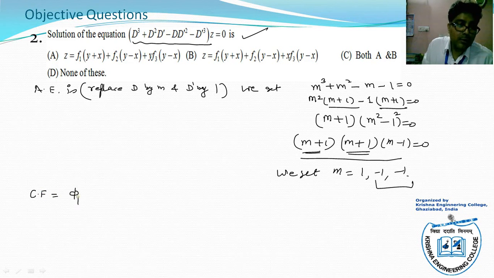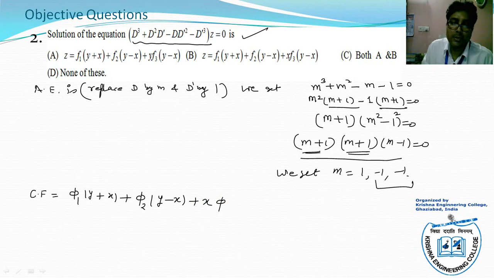phi 1 of y plus m1 x, m1 means 1, plus phi 2 of y plus m2 x, m2 is minus 1, plus x multiplied by phi 3 of y minus x, because two roots are repeated.